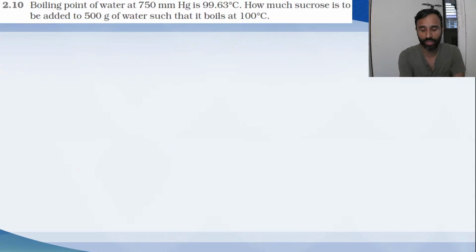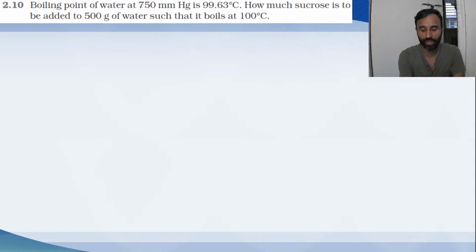Next question, 2.10. So in 2.10, it is boiling point of water at 750 mm of Hg, that is 99.63 degrees Celsius. Boiling point of water at 750 mm Hg. It is given to you, it is 99.63 degrees Celsius.